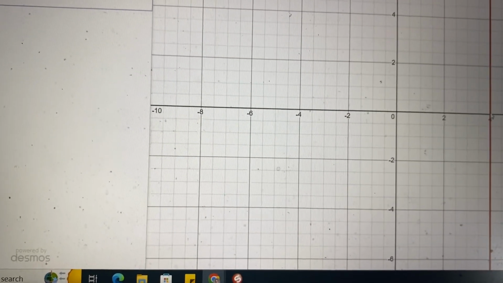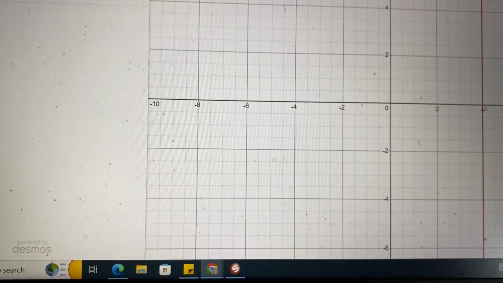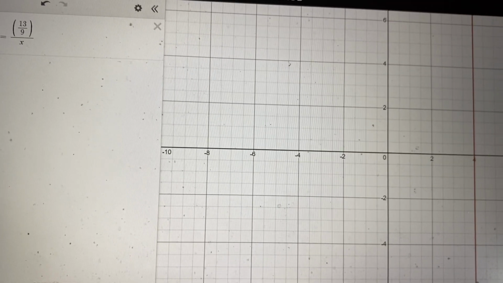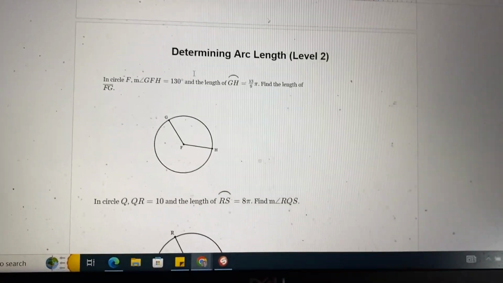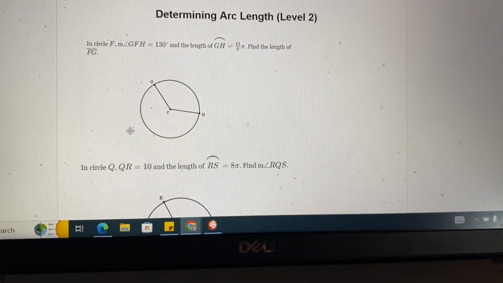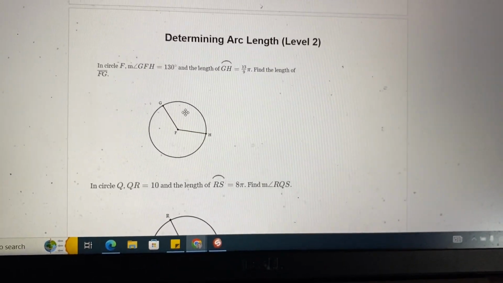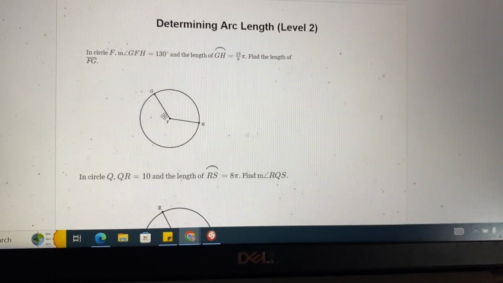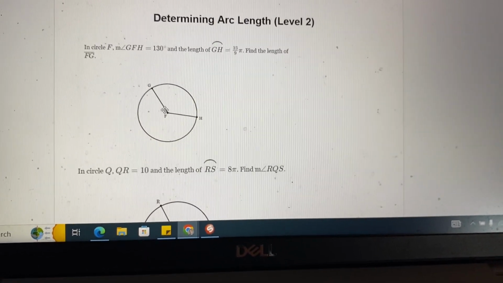So this is telling me that my x is going to be 4. Okay, so the circumference of my circle there is going to be 4 pi. So if the circumference of my circle is 4 pi, then I just have to divide by 2 pi, and for this one it's going to be 2.